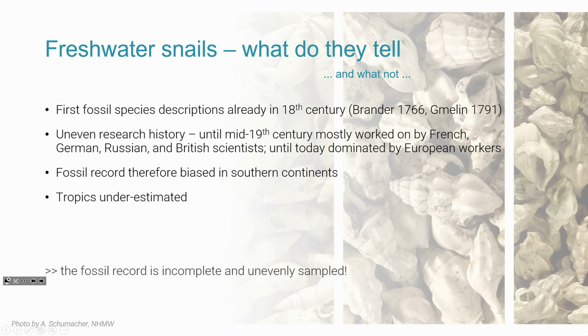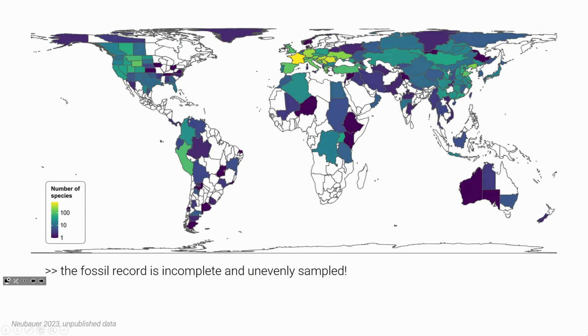So this is something we have to keep in mind, and whatever we look at, we need to remind ourselves that the fossil record is inherently incomplete, especially in freshwater snails, and it is unevenly sampled across space and time. So if we look at the diversity we have, this is all the data of freshwater gastropods I could get on hands, colored by diversity in single polygons.